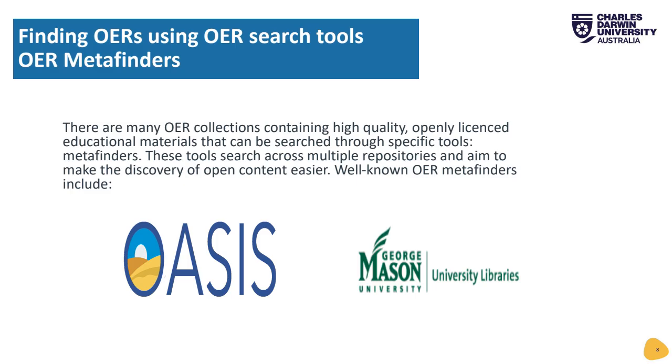Some of these search tools are known as OER meta finders, and they contain high quality open licensed educational materials. And you can look across multiple repositories and make the discovery of your open content easier. And some of the well-known OER meta finders include OASIS and the George Mason University. So they may be ones that you wish to explore further.